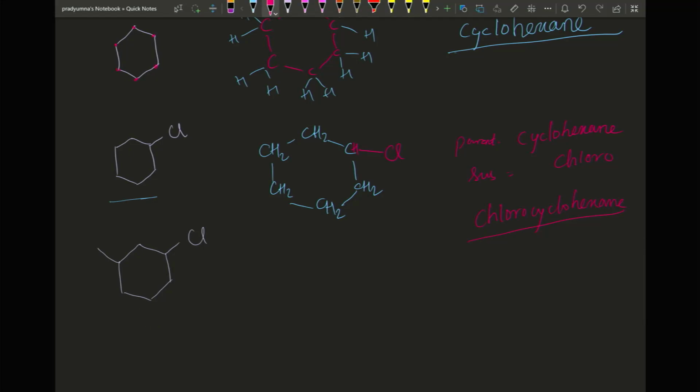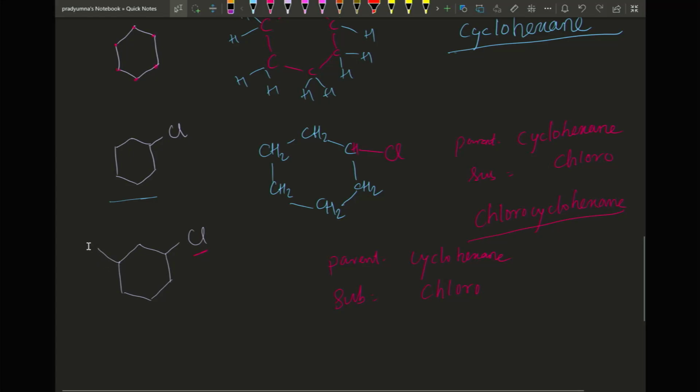So let's start again doing this. What is the parent name? Parent is cyclohexane. Okay, that's the parent. So we got 2 substituents now. One substituent is chlorine, chloro. Another substituent is 1 carbon atom right there.